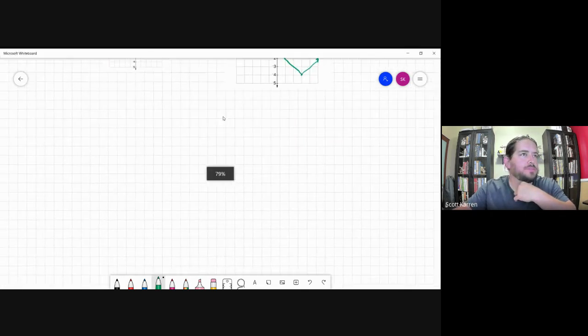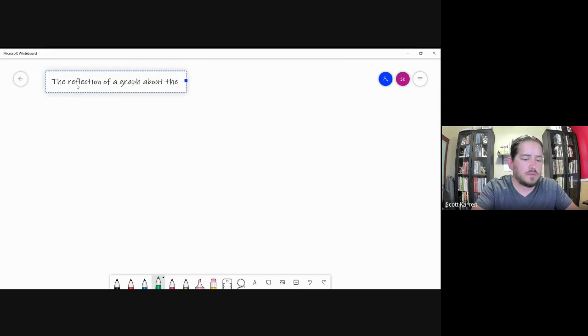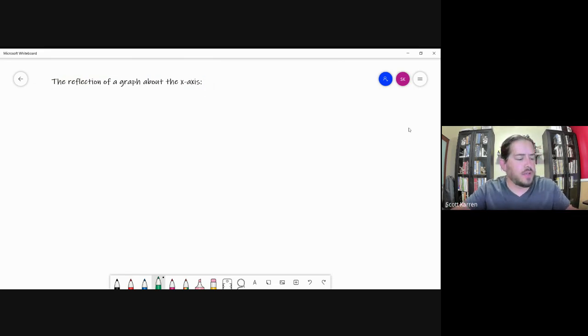Now, let's talk about reflection. So the reflection of a graph about the x-axis, there's no way I'm drawing this because I can't draw a straight line to save my life.